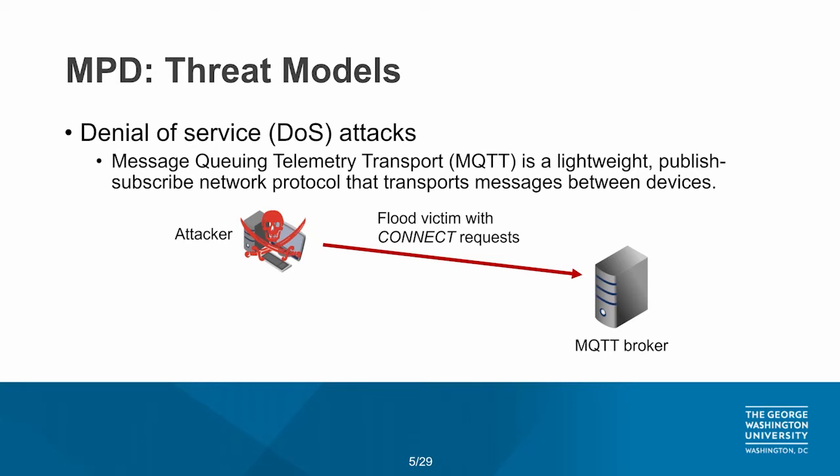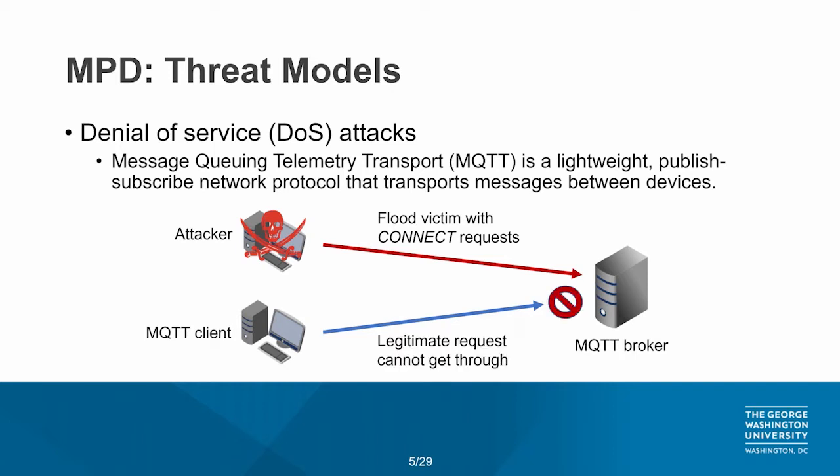Because the server cannot tell the difference between the malicious connect requests and the legitimate connect requests, assuming that the server receives a lot of connect requests at the same time, its buffer will drain out. So if we have a legitimate MQTT client that tries to send a connect request to the server, the legitimate request cannot get through because the buffer has already been drained out.